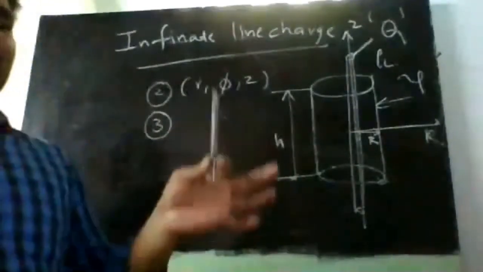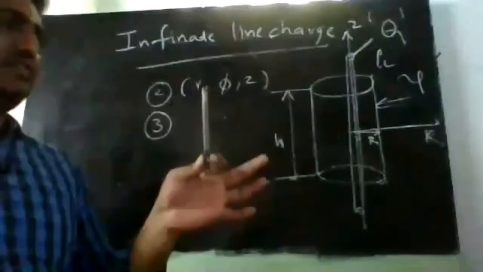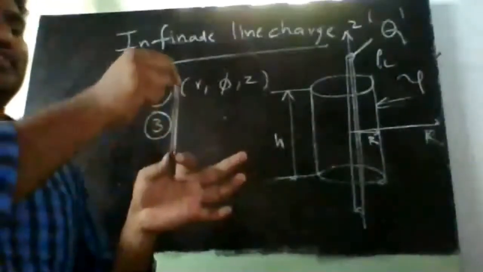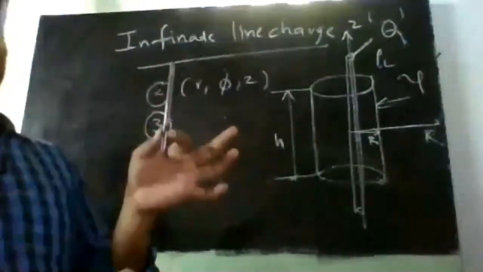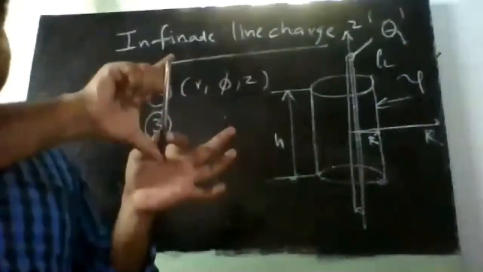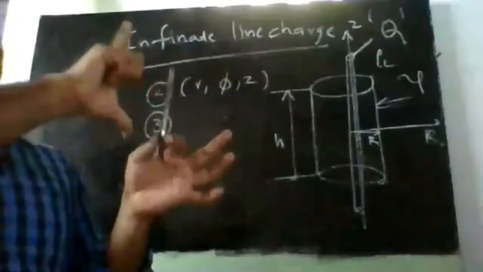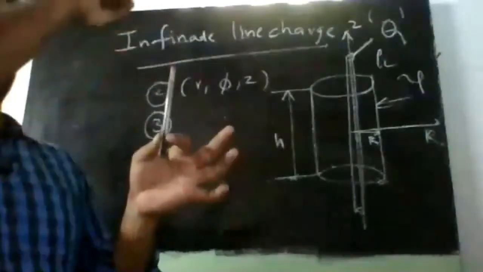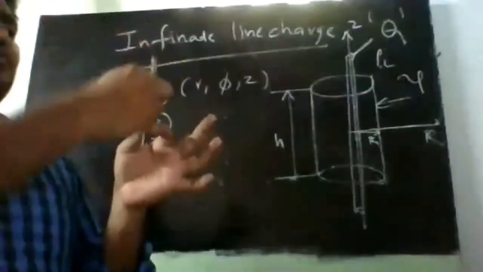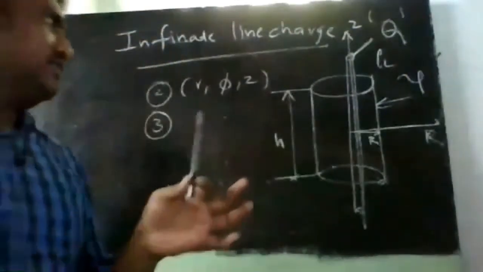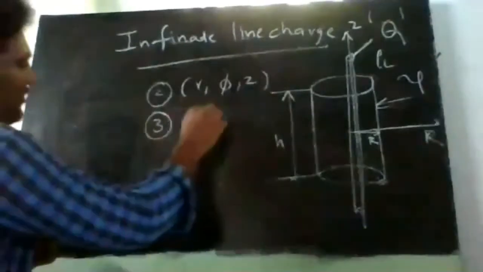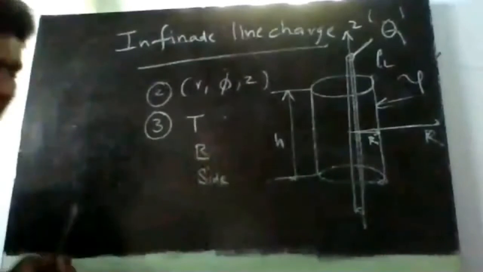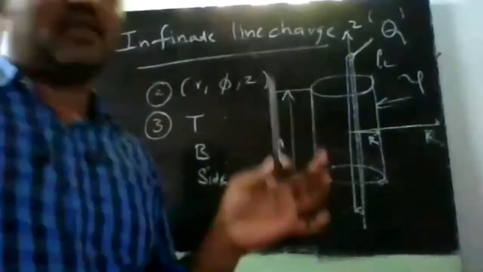If I consider this as my Gaussian cylinder, every cylinder has three surfaces: the top surface, the bottom surface, and the side surface. The top and bottom could be considered as one, but because they are physically separated, we consider them separately. Okay, clear with this? Understood?